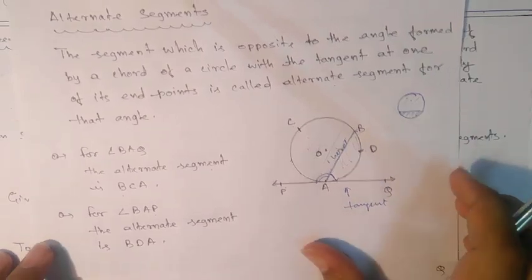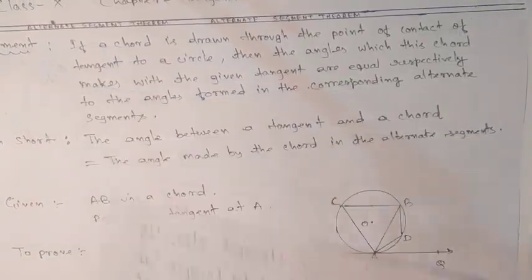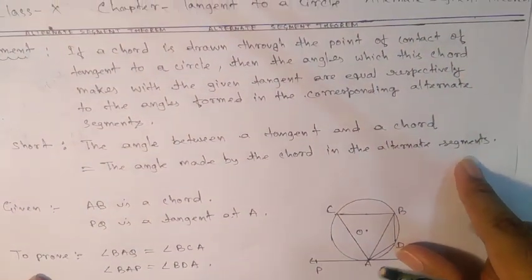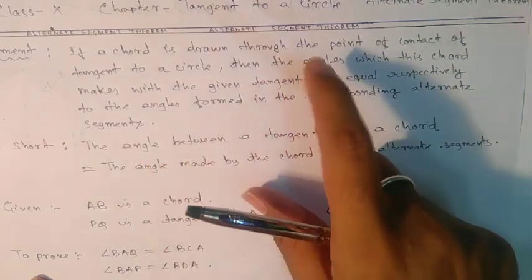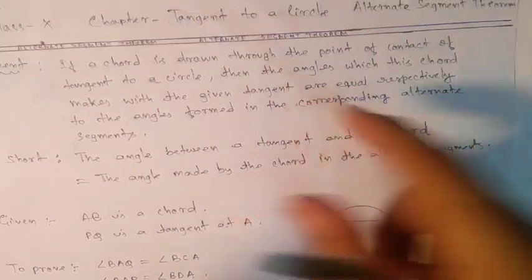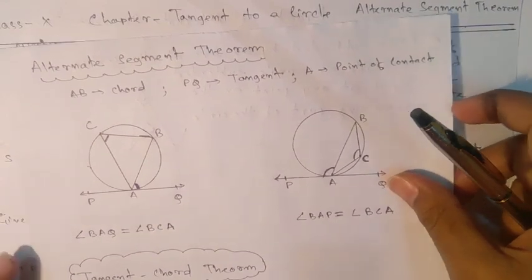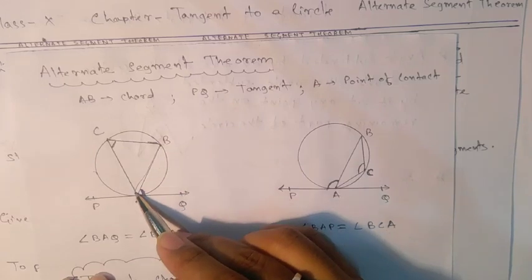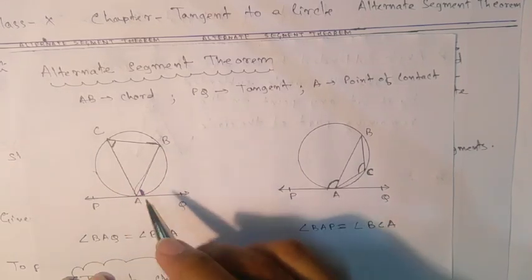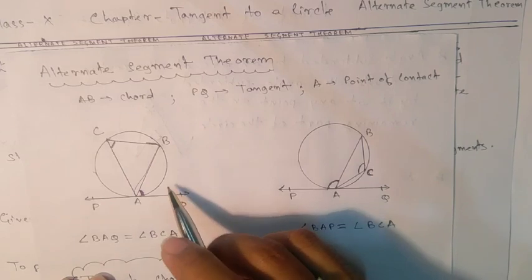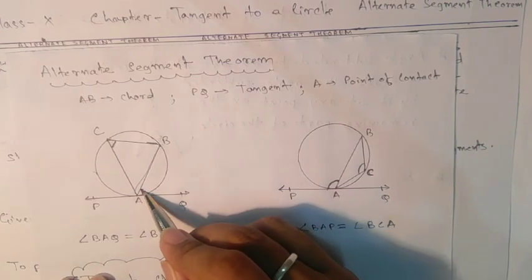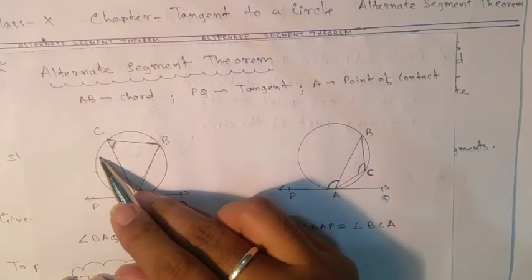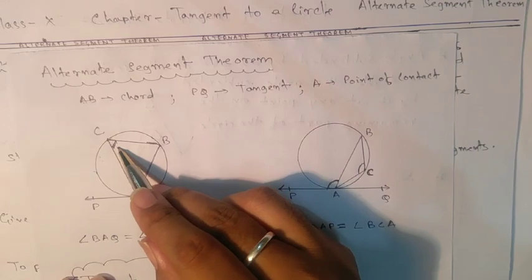Now, this is quite a long statement they have written, you can read it on your own. In short, if you have a chord and a tangent, then the alternate segment theorem says that if we take this angle and the angle formed by this chord in the alternate segment, then this angle must be equal to this.